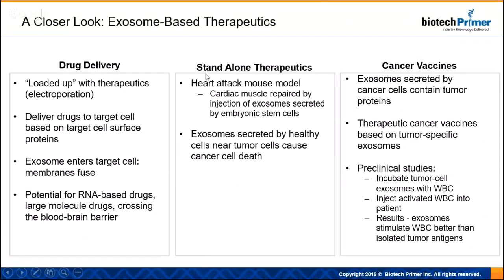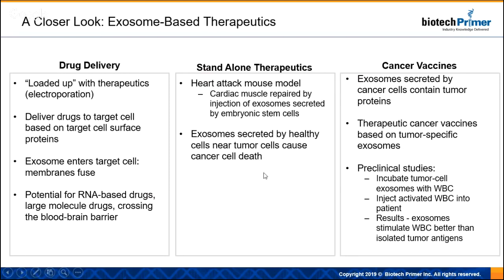Standalone therapeutics, again, this is all in very early stage research, but some early stage preclinical work has shown that in a heart attack mouse model, we can repair cardiac muscle by injecting exosomes secreted by embryonic stem cells. And exosomes secreted by healthy cells near tumor cells can cause cancer cell death.